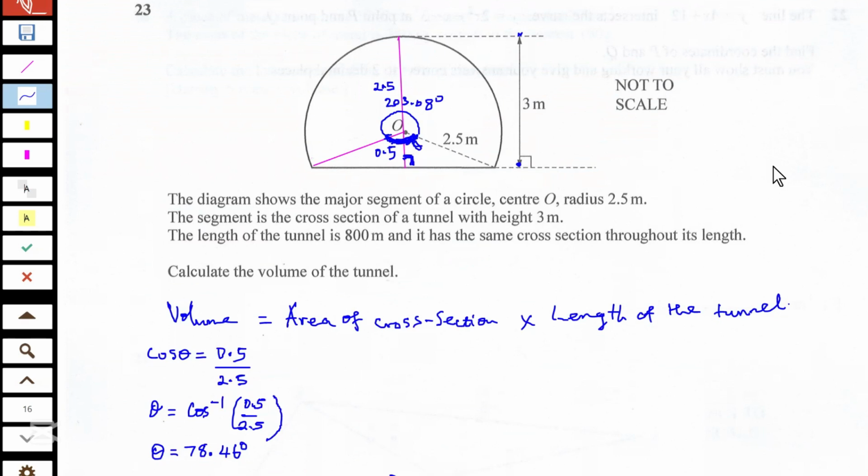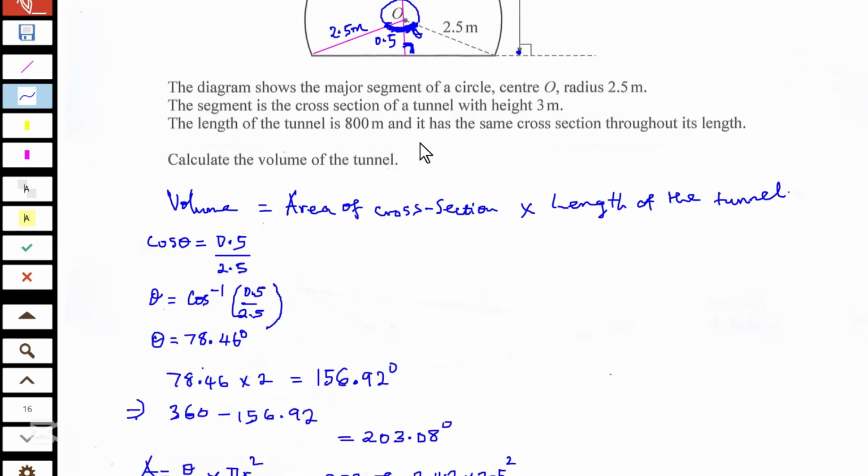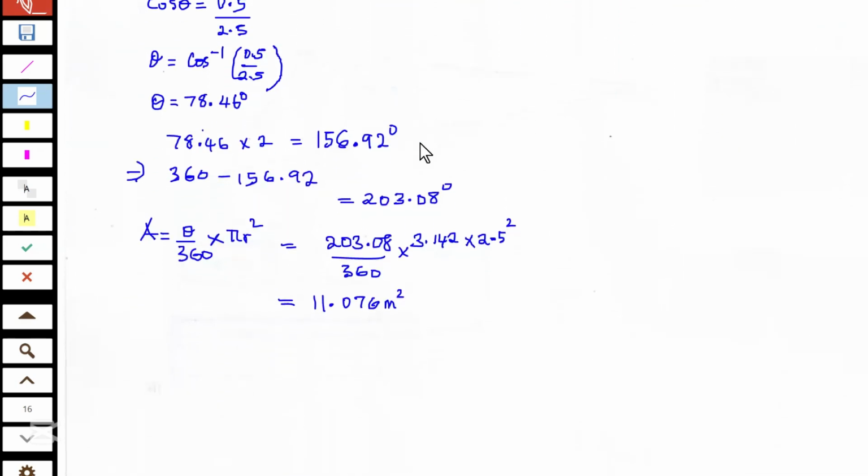So for the area of the triangle, we will apply the formula half ab sine theta, where the radius is 2.5 meters, and the angle is known. This angle is known as 156.92. So with this information given, we can now calculate the area of the triangle.